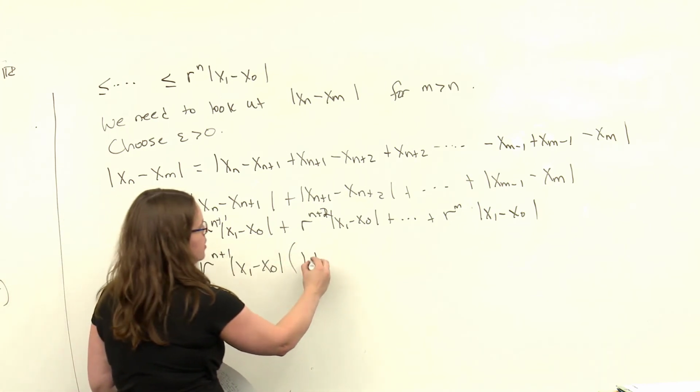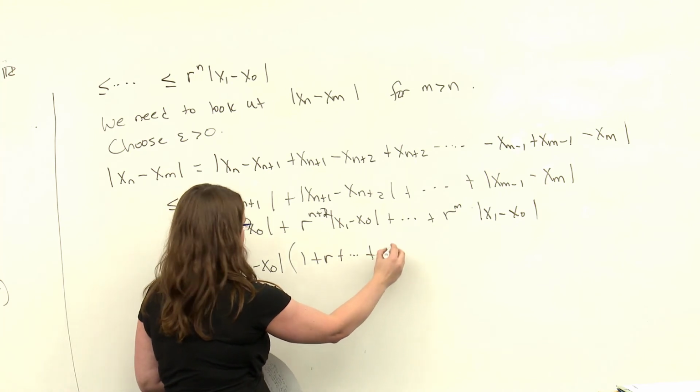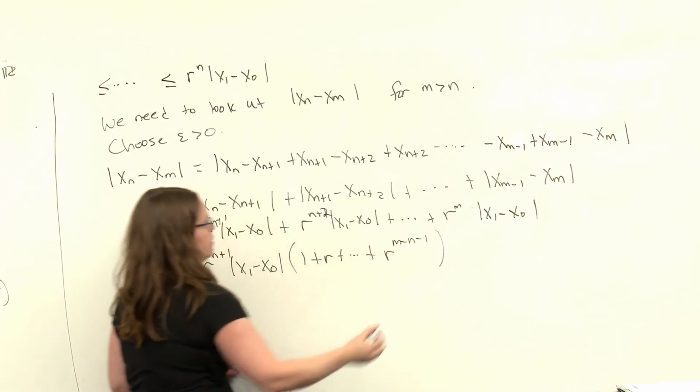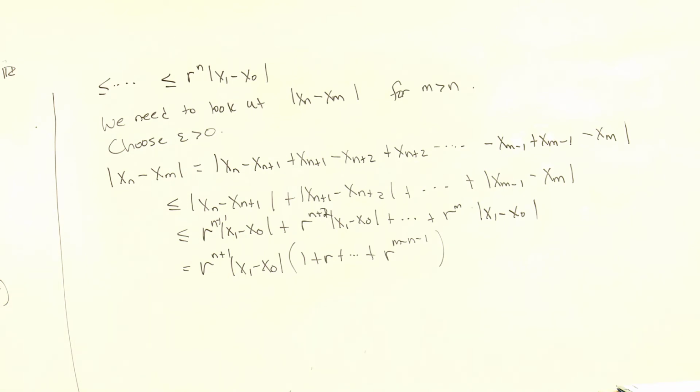And we get a 1 plus r plus r to the m minus n minus 1.